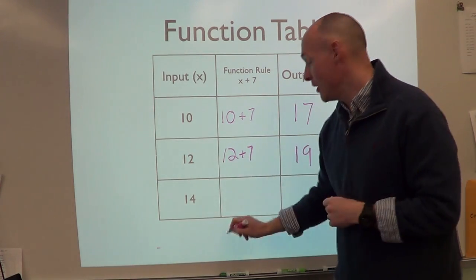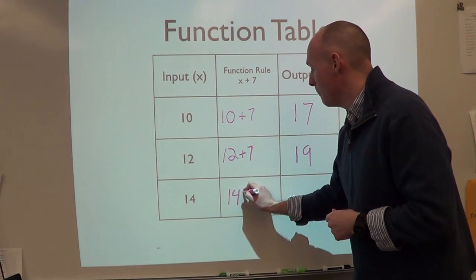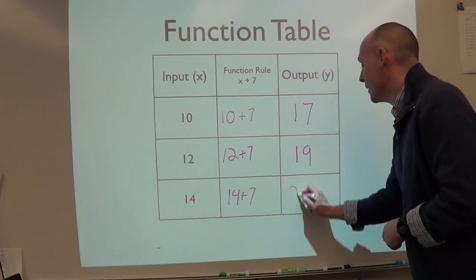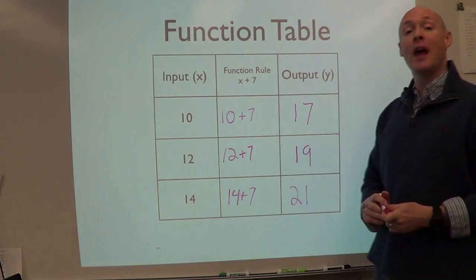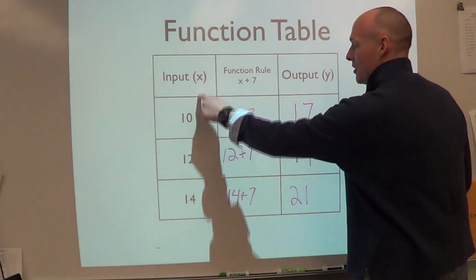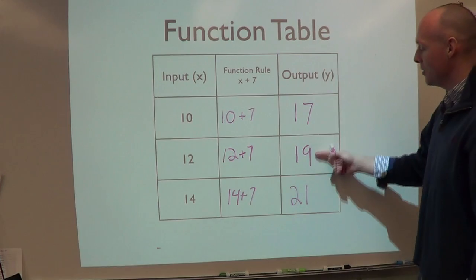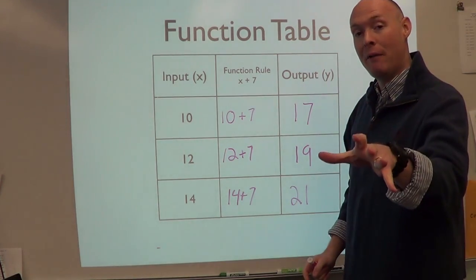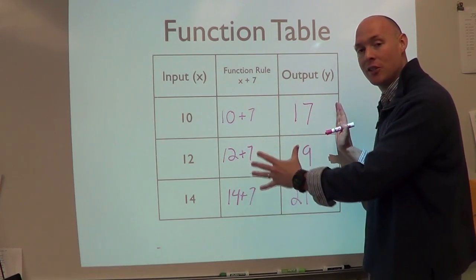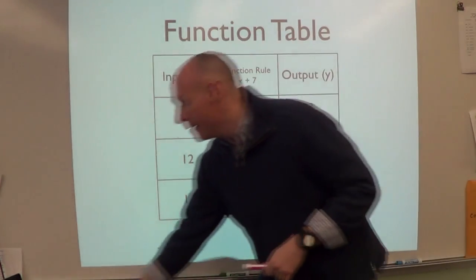My input here is 14. 14 plus 7, 21. And there we have a complete function table. My X's, my Y's, we could graph them, and in class we are going to, but for right now we just want to complete this function table and we're good to go.